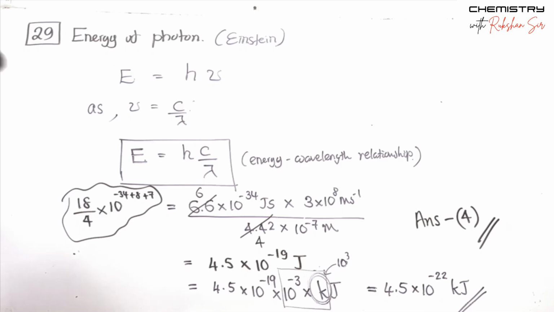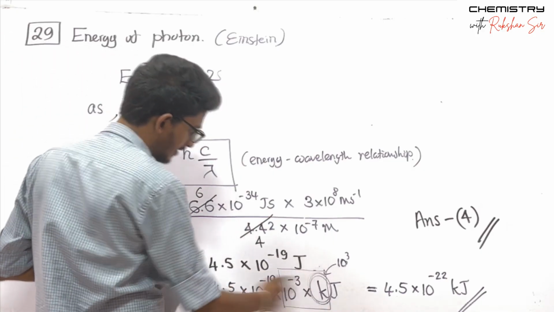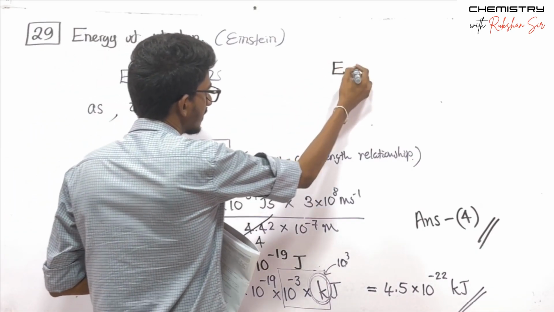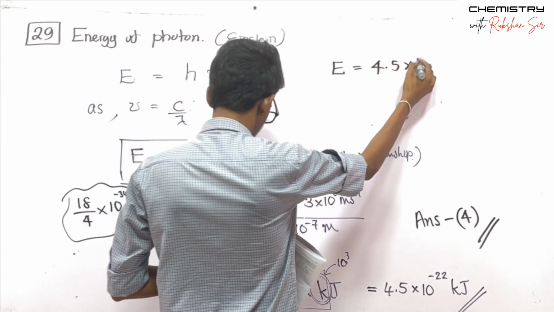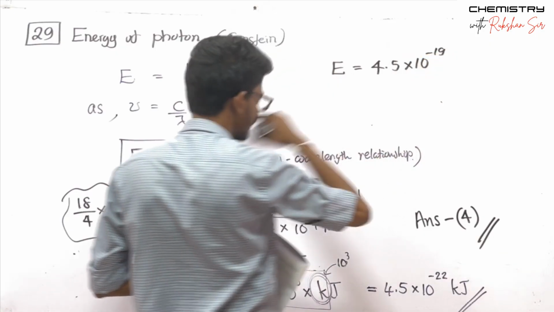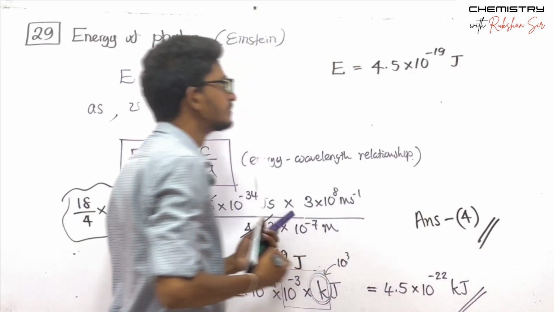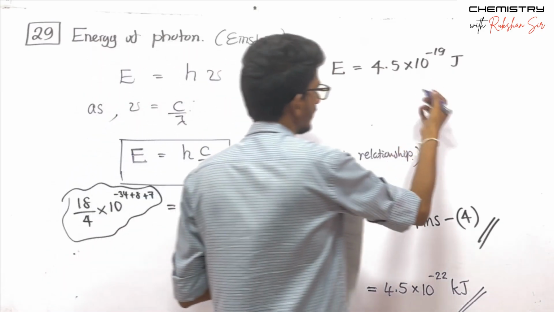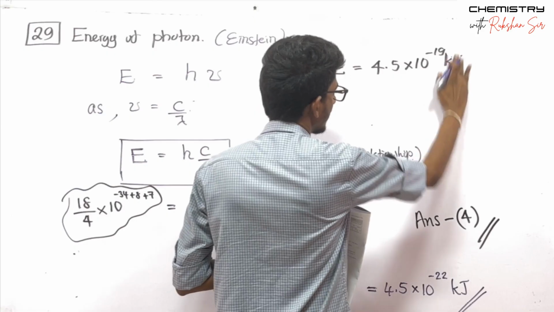So if you think of another way to come up with this, if you are not clear what I have done here, one can do it like this as well. E was equal to 4.5 into 10 to the power minus 19, right? In joules. If you need to come up with some k term, you need to add some k term here.